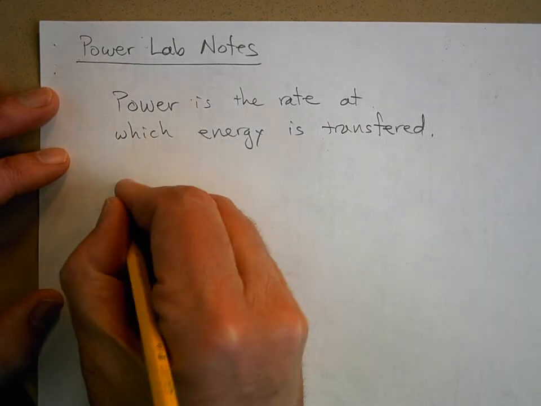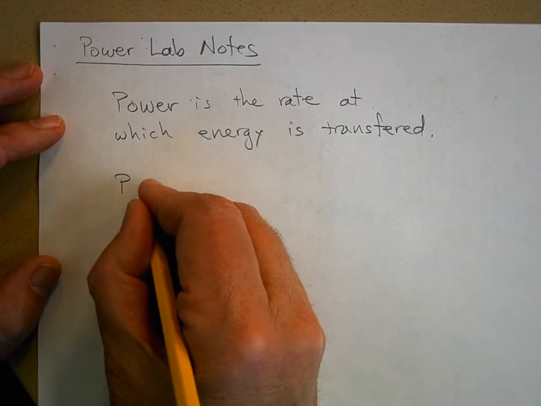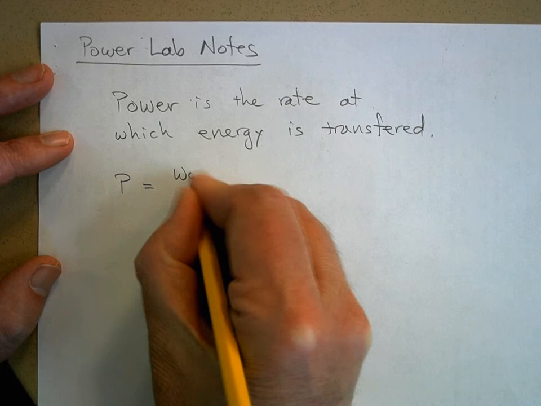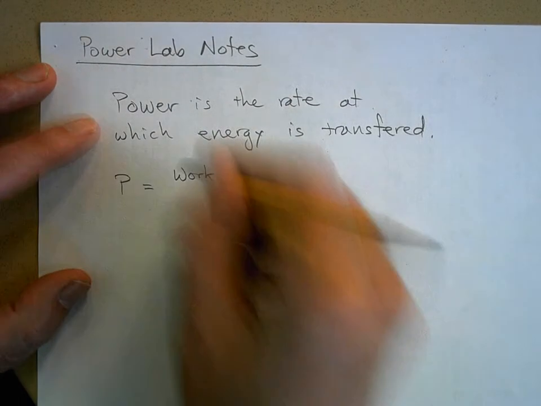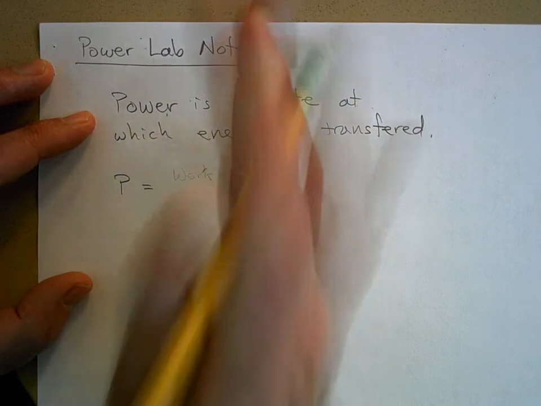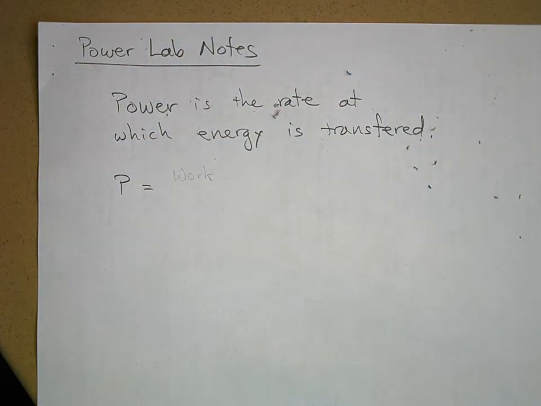So power, if you recall, we use capital P to represent power, is equal to, well, I'll go ahead and give you the most general, because later on we're going to do heat transfer. We're going to talk about thermodynamics, and that has power as well, because we can transfer energy through heat.